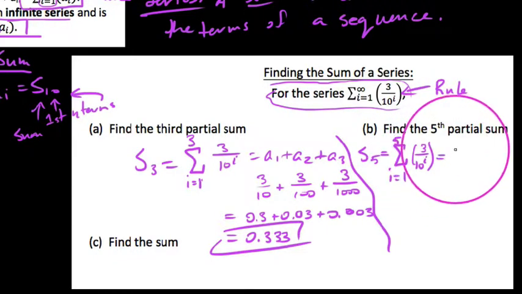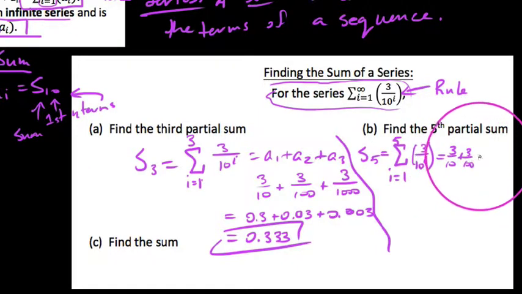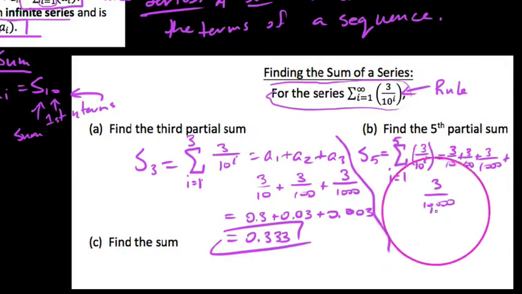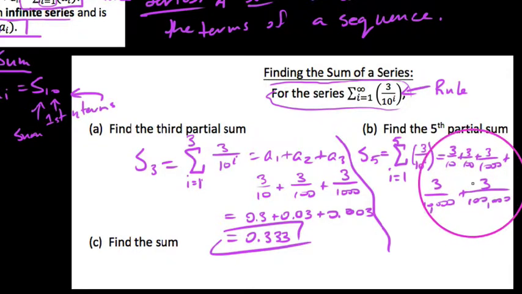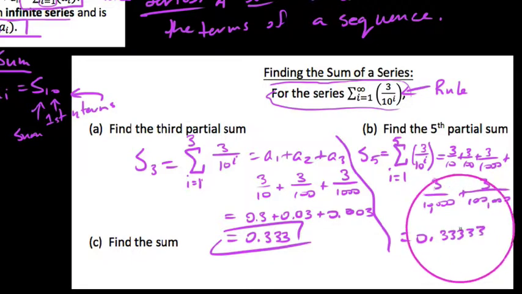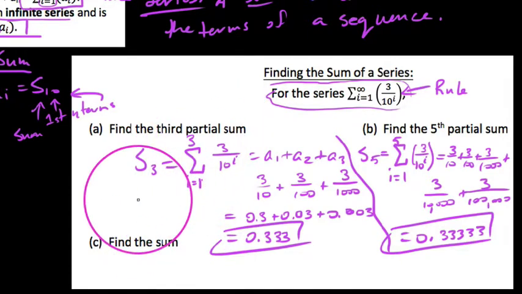And so we'd get now 3 tenths, but also plus 3 hundredths, plus 3 thousandths. And you could see how this is going to kick in, I'm going to write down here, 3 ten thousandths plus 3 hundred thousandths when we plug these things in. So in this case we get, on a calculator, 0.33333.